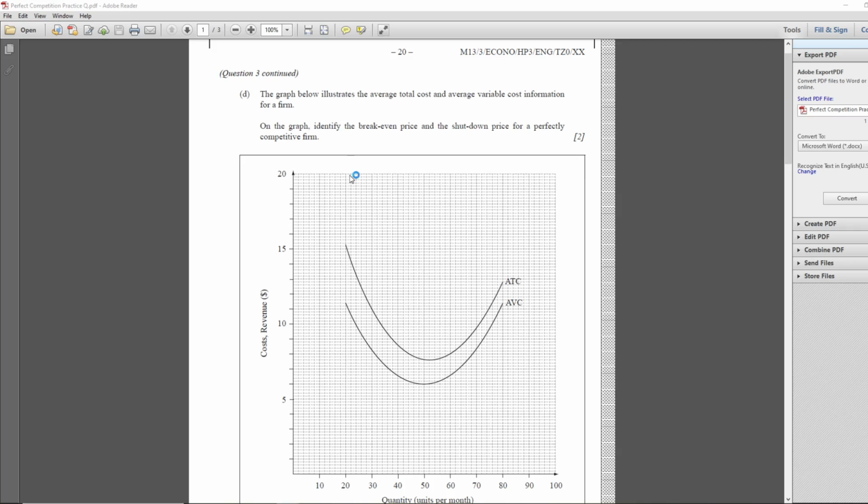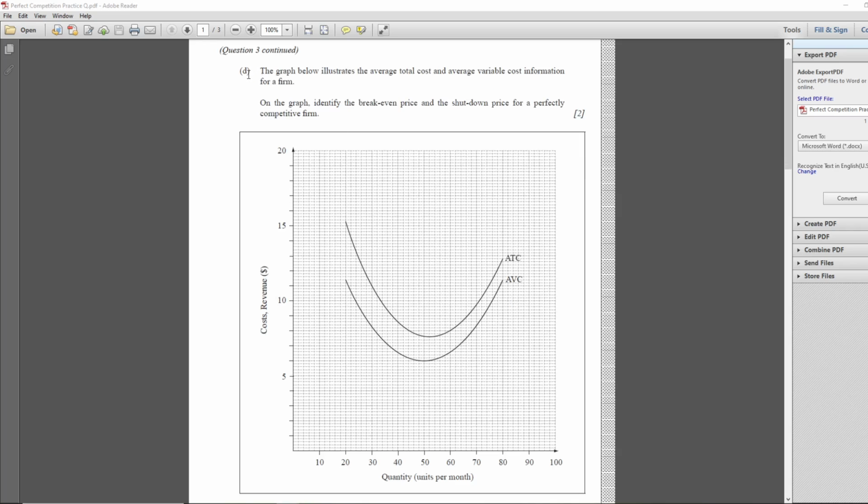So let's go through the questions one by one. Here in question D, they are asking you to identify the break-even price and shutdown price in this diagram. So, can you tell me where the break-even price is?